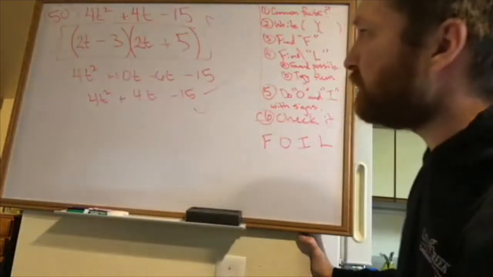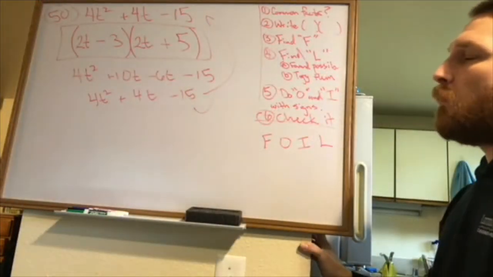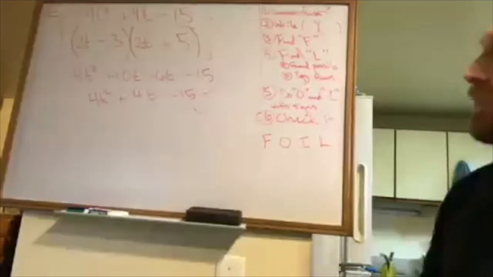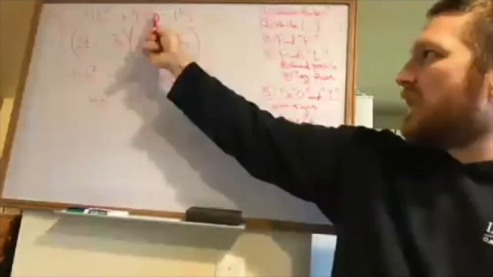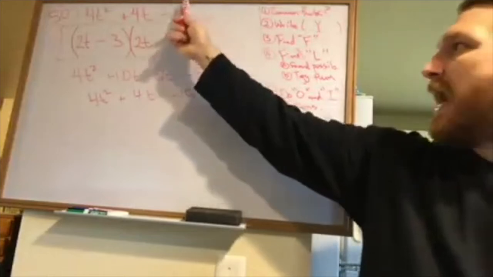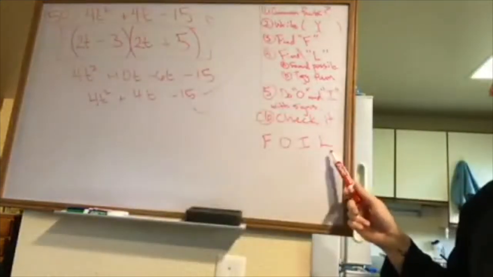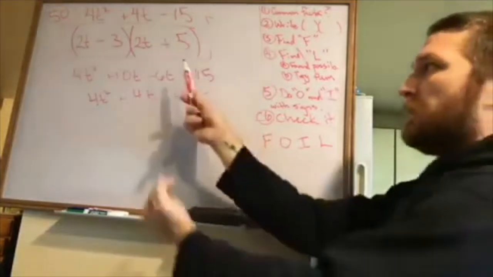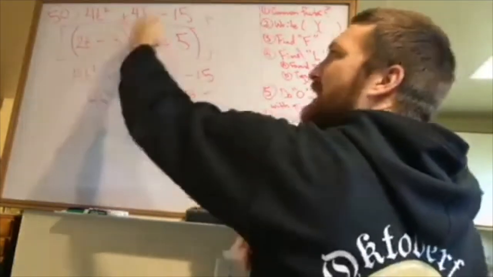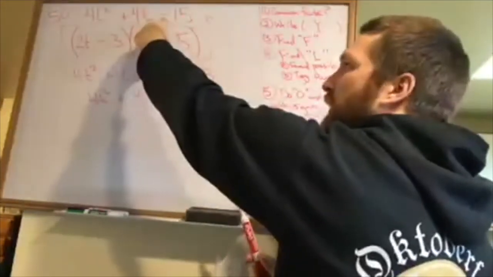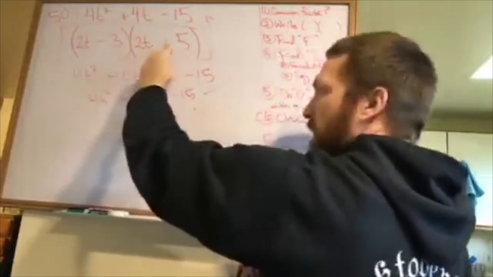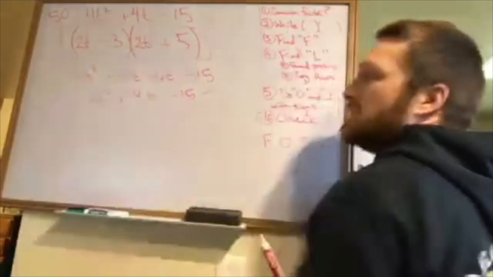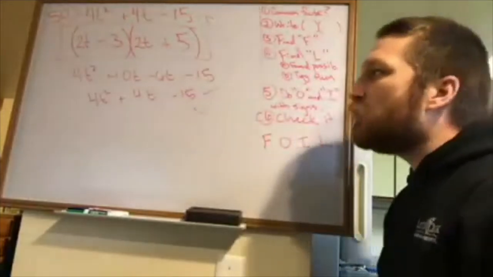We are done. Now, one thing to notice, and one thing that you could tell right away, is that there's a negative sign right here. That had to come from the L multiplication, the last multiplication, when we multiplied this guy and this guy. If that's a negative number, then they have to have opposite signs. Either that one's a plus, that one's a minus, or this one's a plus, that one's a minus. And so it's just as you're moving along, right?